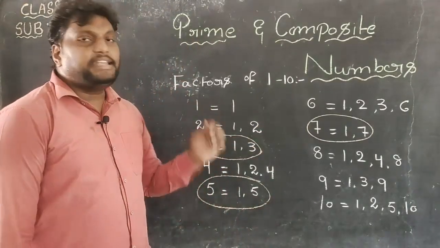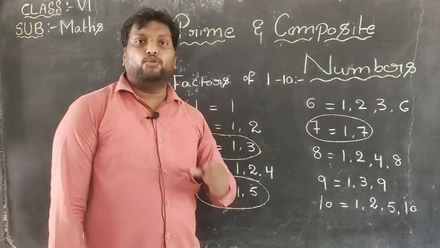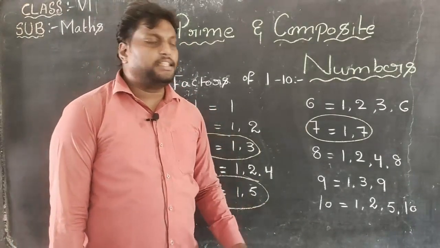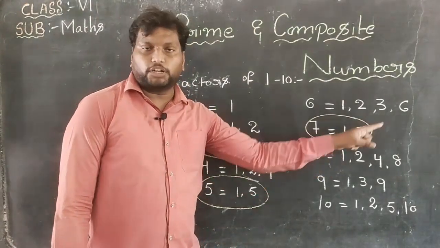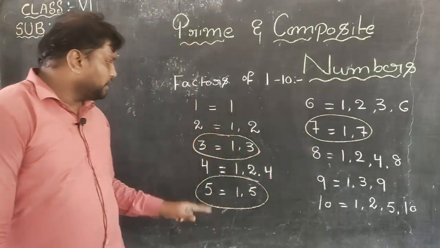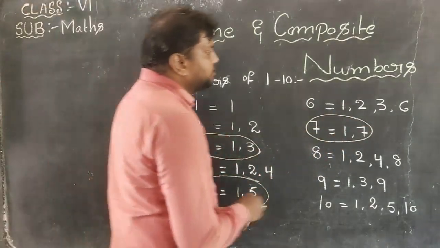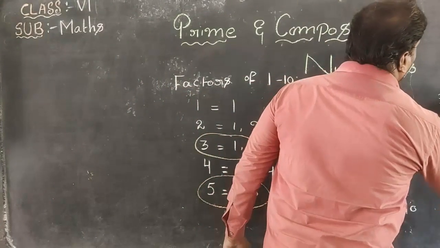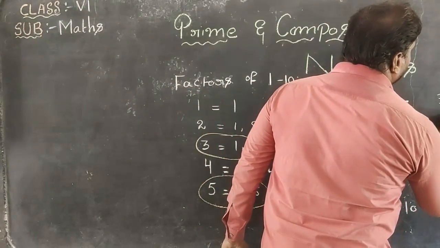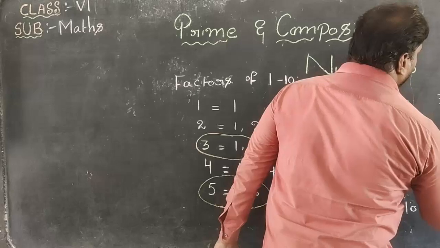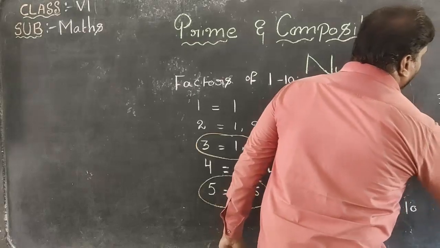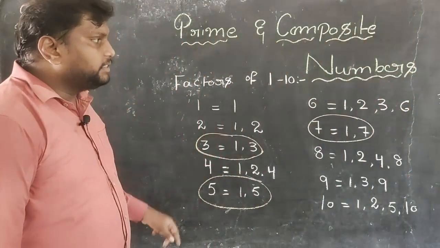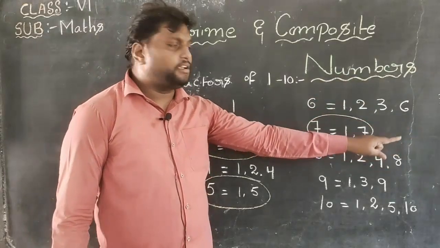In that, any number having only 2 factors, one of the 2 factors is 1, the first factor. Observe, 3 means the factors are 1, 3; 5 means 1, 5; 7 means 1, 7. These 3 numbers are having 2 factors.